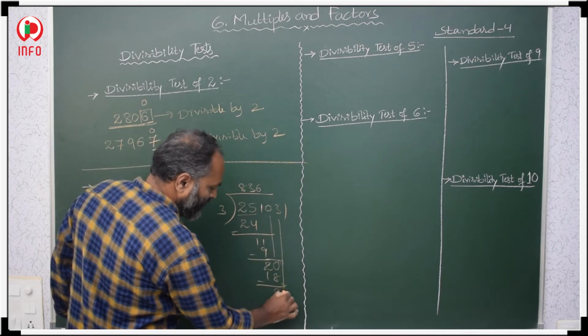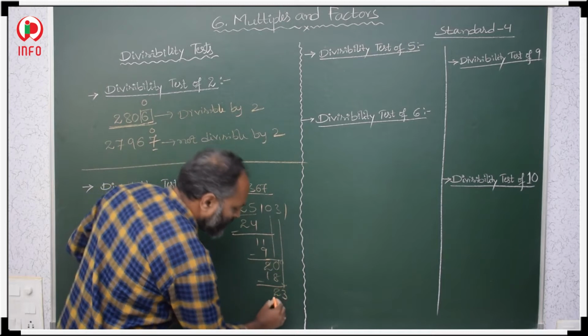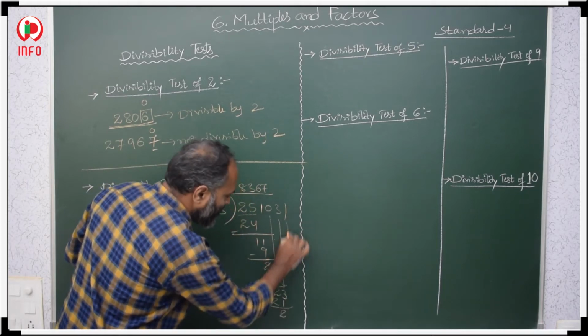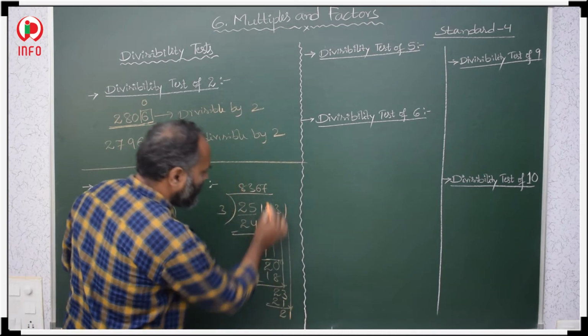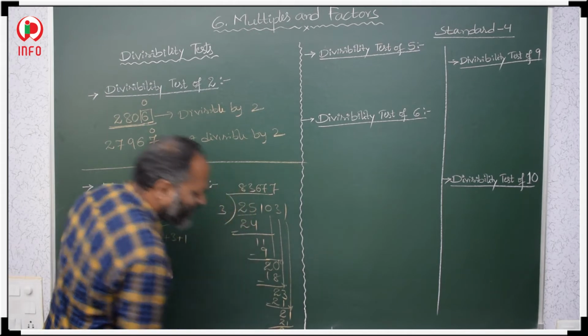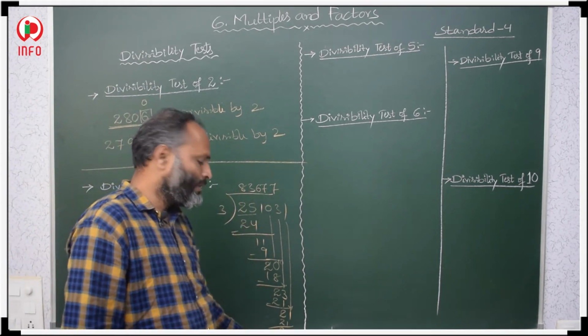Then after that 3. 3 sevens are 21, 23 minus 21, 2. 2 minus 2, 0. Again this one. 3 sevens are 21. 21 minus 21, 0. So in this way we can verify that this number is divisible by 3.